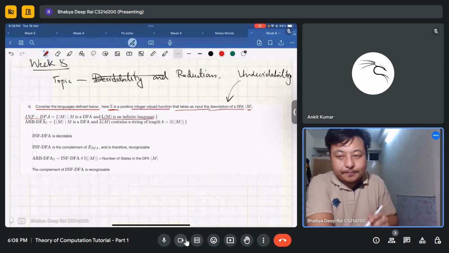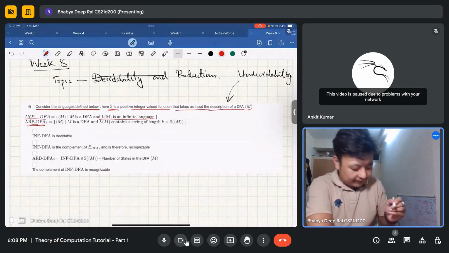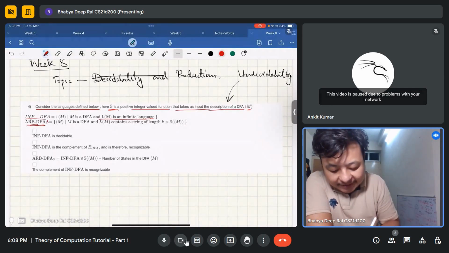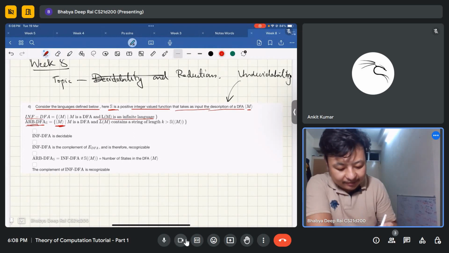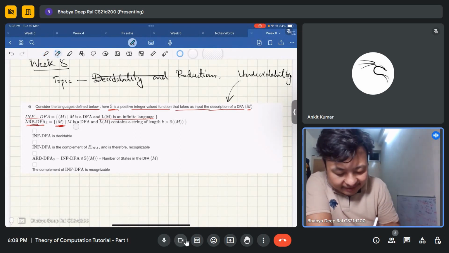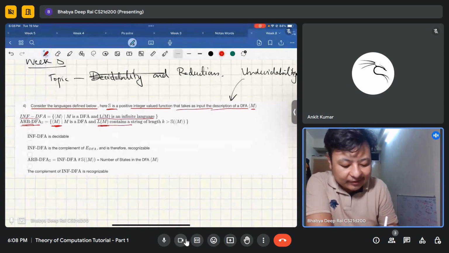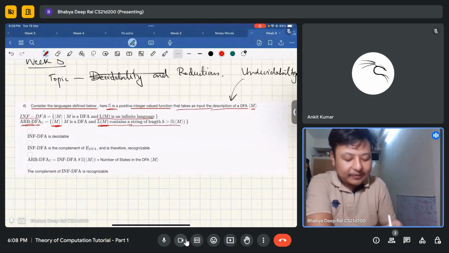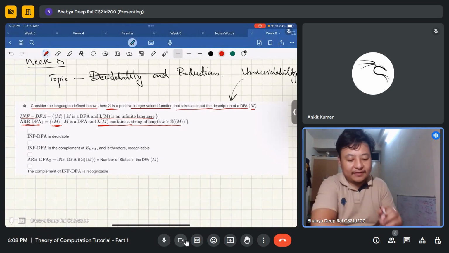And the next language is ARB DFA subscript S. ARB DFA S is all those strings which represent DFAs such that M is a DFA. Additionally, L(M), the language of the machine M, contains a string of length k which is greater than S of M, whatever this function is.